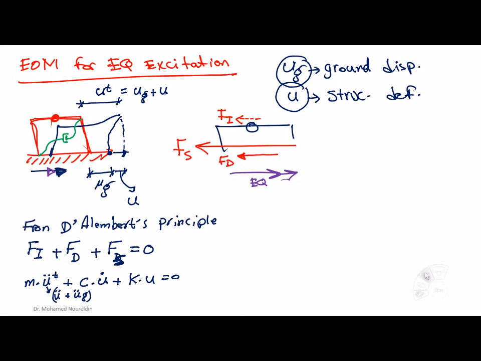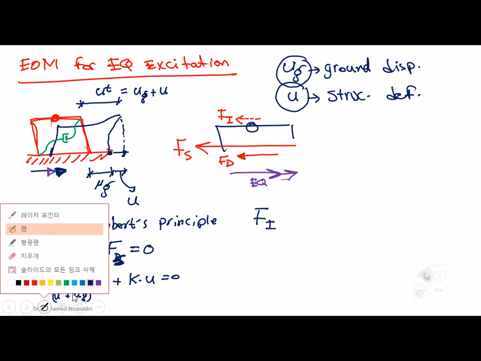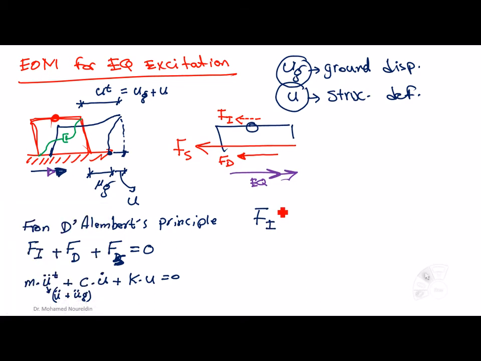So remember well that Fi, the inertia force, is always related to ut, yes, it is mass times the total displacement, which is going to be ug plus u.